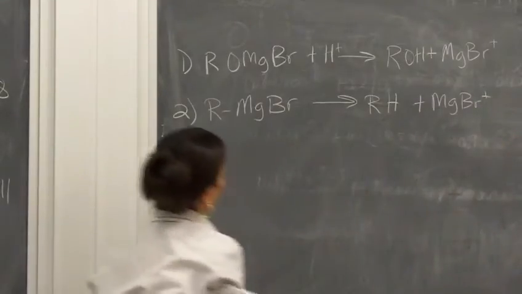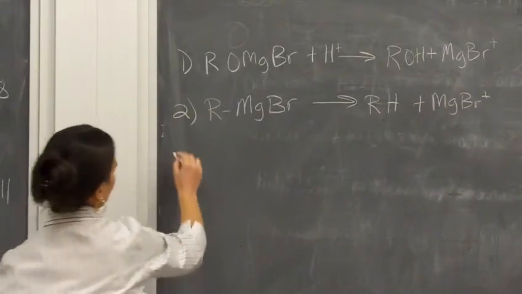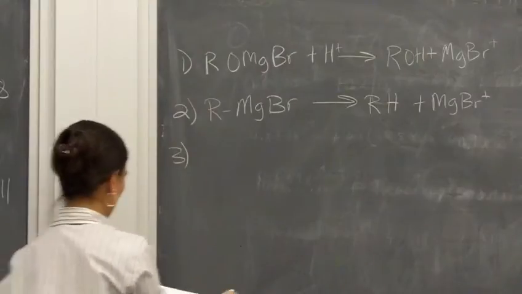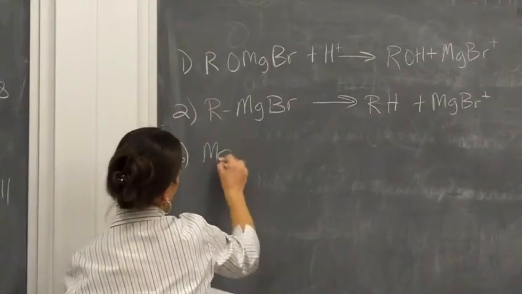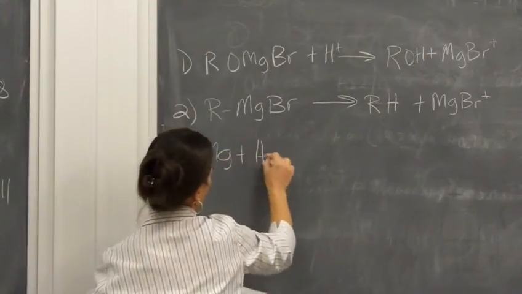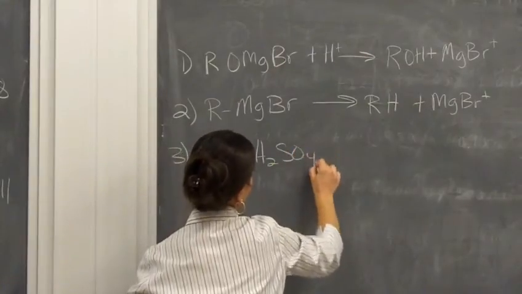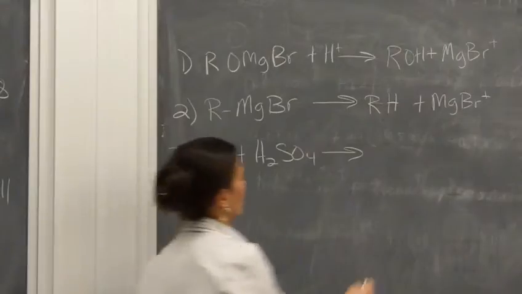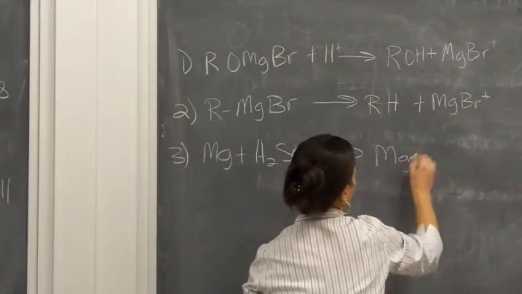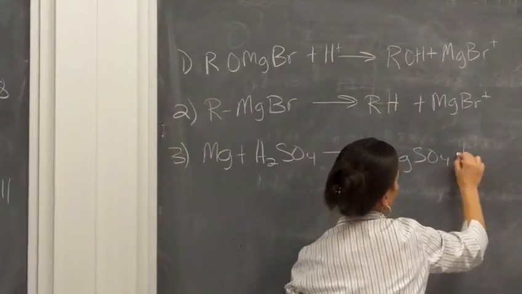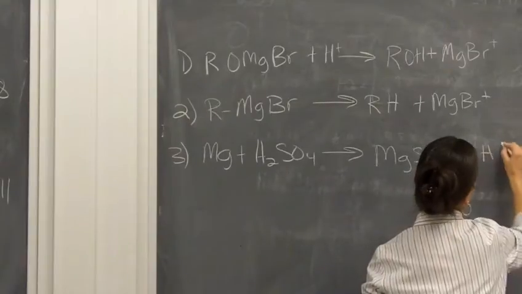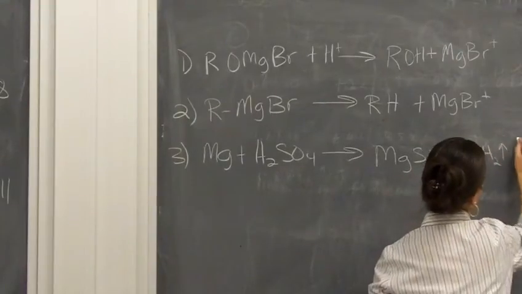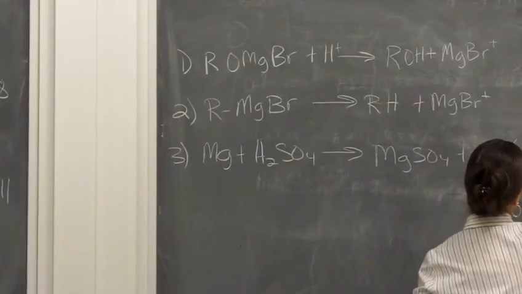And we've got this guy, okay? Also, that magnesium that's left over is going to react with sulfuric acid. So this is actually a displacement reaction from GenChem. We'll make magnesium sulfate plus hydrogen gas. So you're going to see some bubbling.